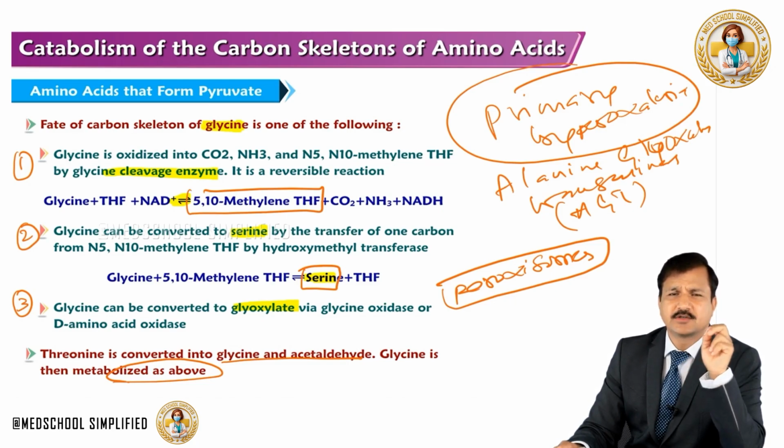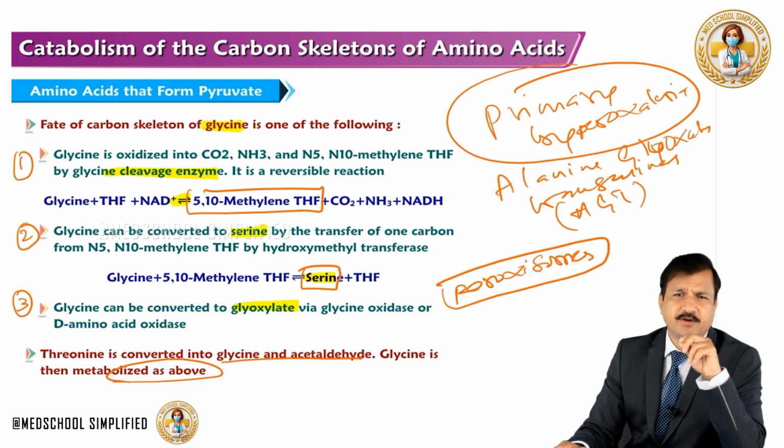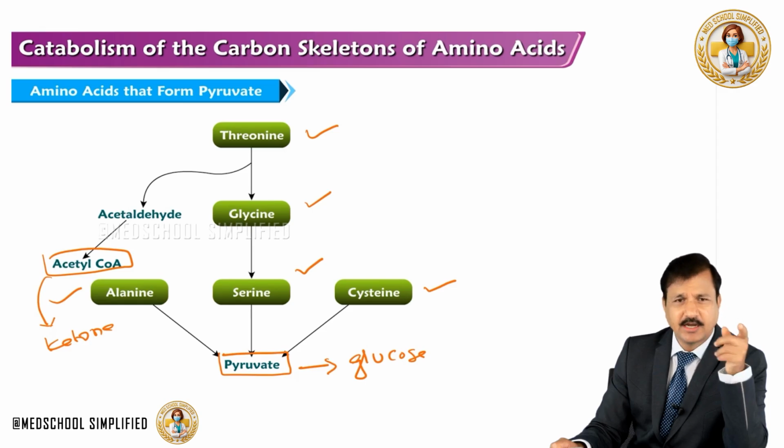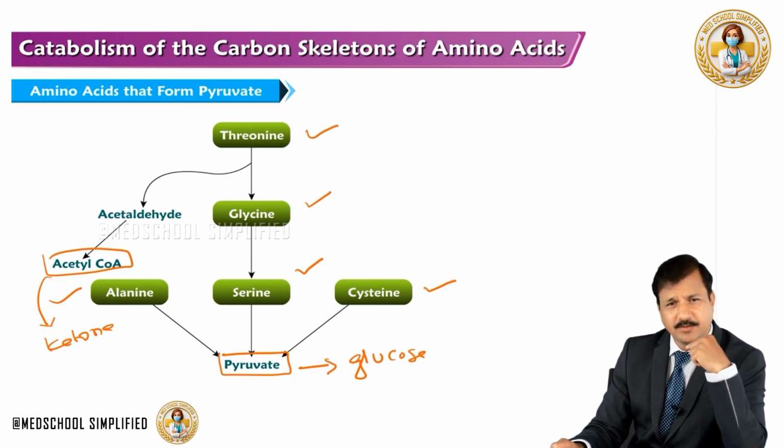That's how glycine goes into formation of pyruvate, and threonine, by making glycine, making serine, goes into pyruvate formation, as shown in this slide. You see, threonine to glycine to serine, and serine to pyruvate, or glycine making serine to pyruvate.